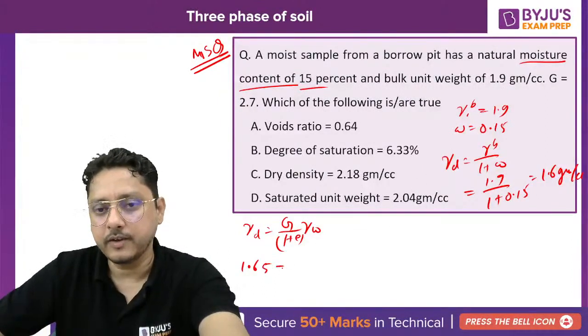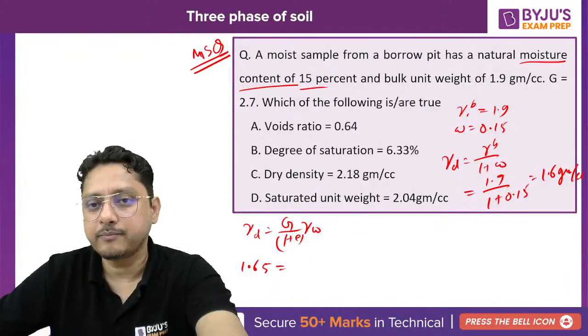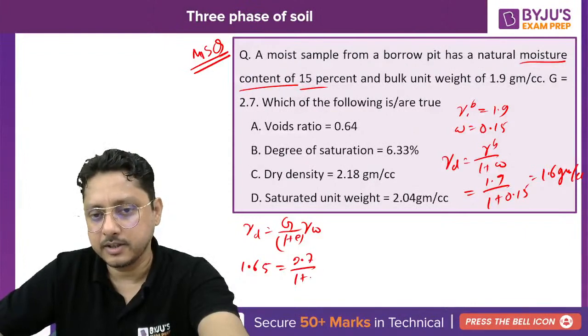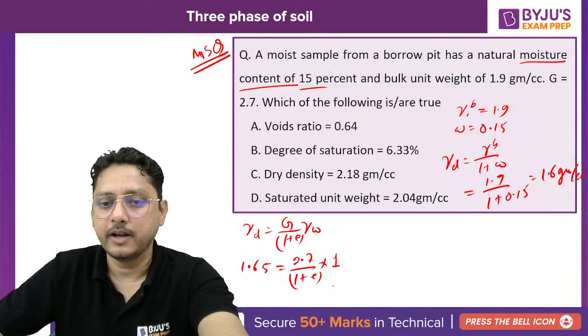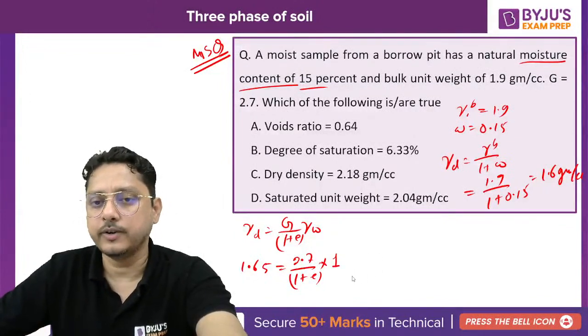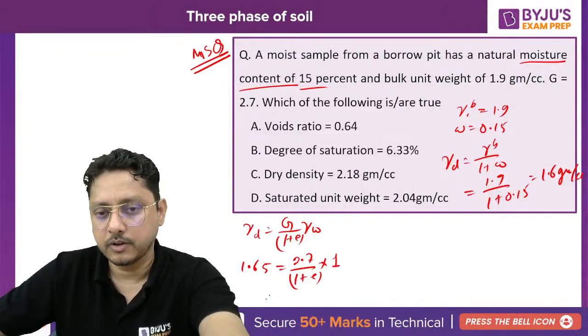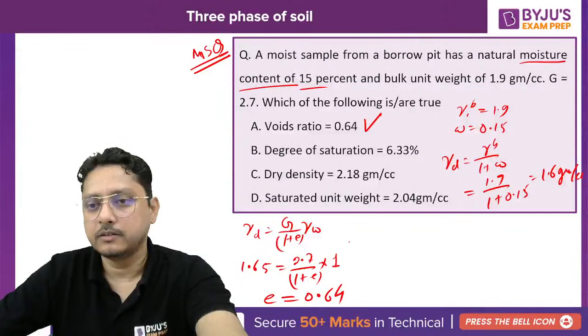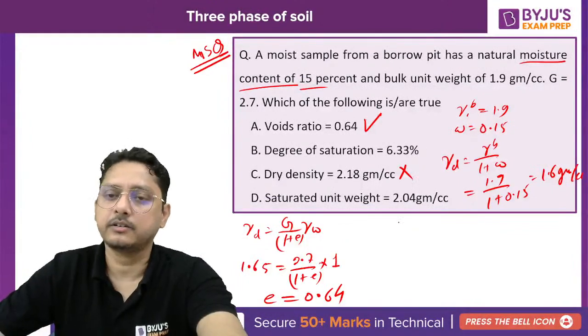So 1.65 equals G, which they have provided as 2.7, divided by 1 plus E, into gamma W, keep it as 1 gram per cc. Hence from here, if you calculate the void ratio, you will get around 0.64. So the void ratio is correct. The dry density is incorrect.